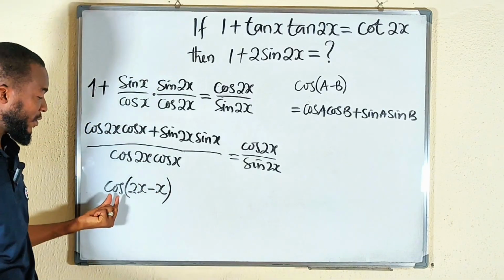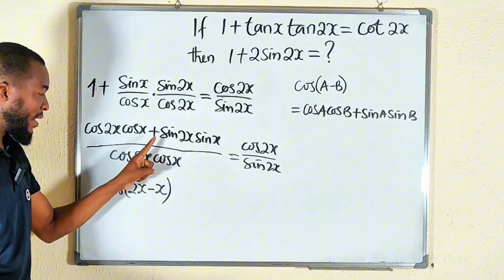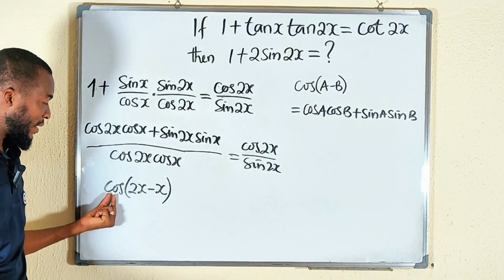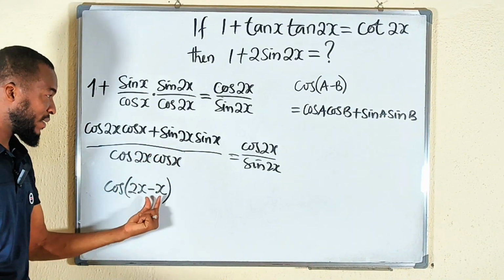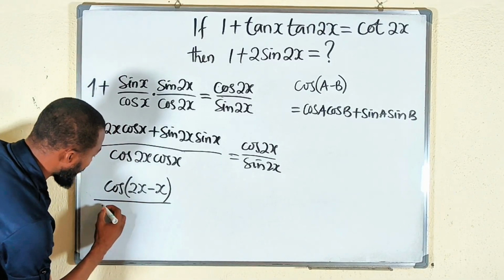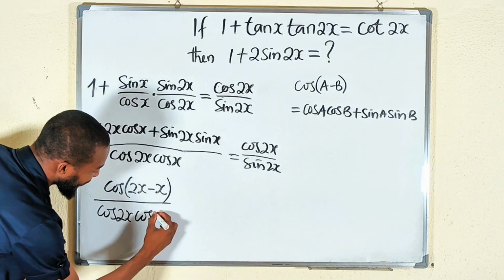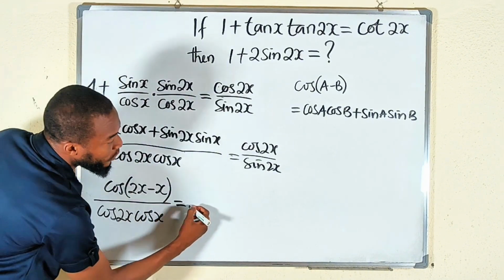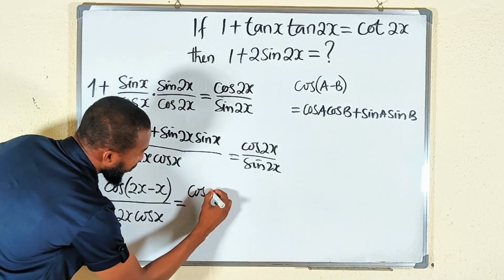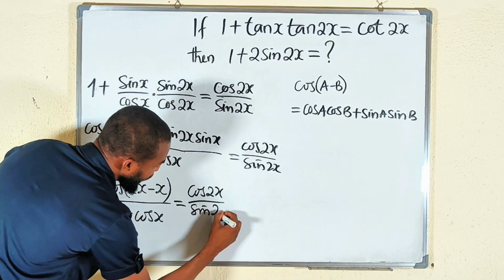If you expand, this is going to be cosine of 2x times cosine of x, which is right here. Because we have minus, you use plus. Sine of 2x, which is there, sine of x. So they are exactly the same. You divide by cosine of 2x times cosine of x. This is equal to cosine of 2x divided by sine of 2x.